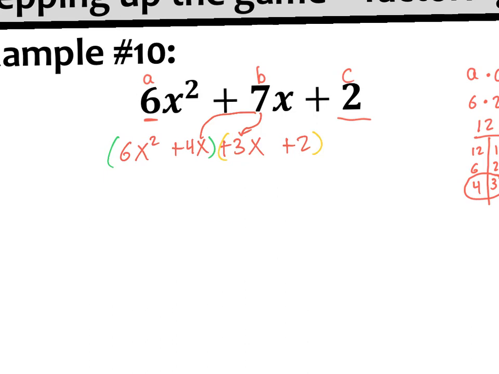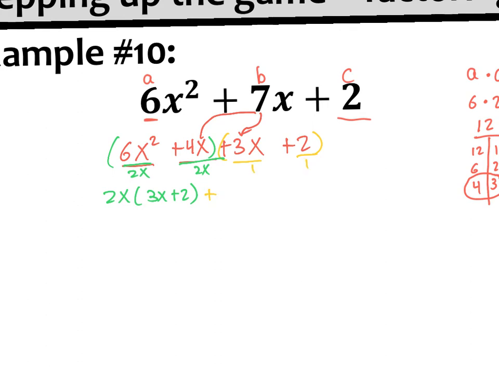Okay, common between 6x squared and 4x, 2x. Divide both by 2x. 3x plus 2. Common between 3x and 2? Nothing.